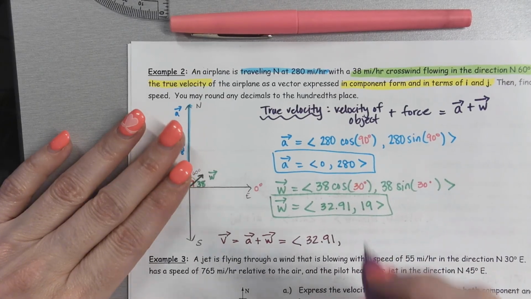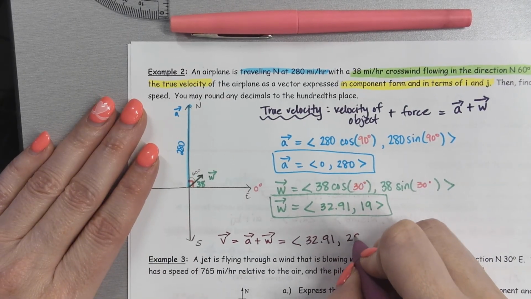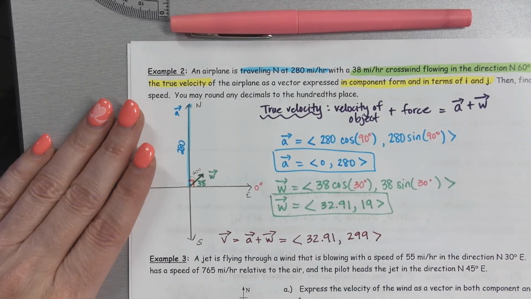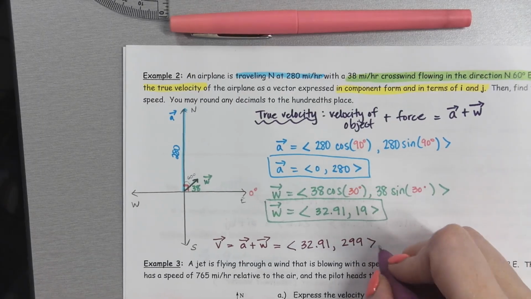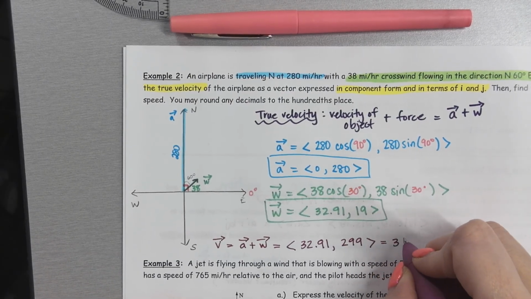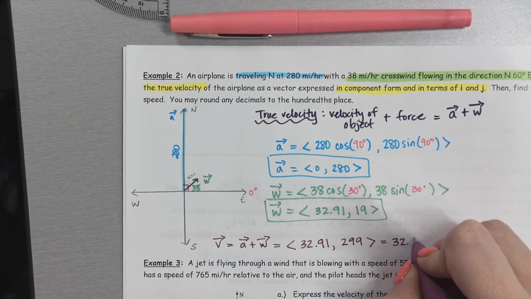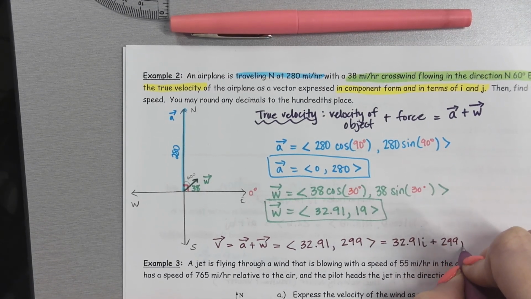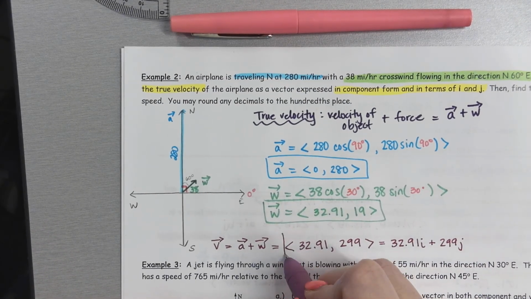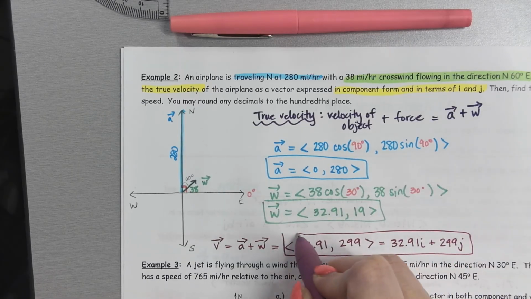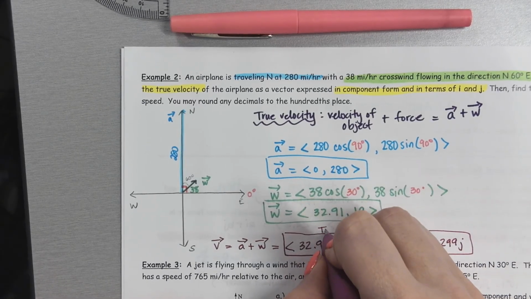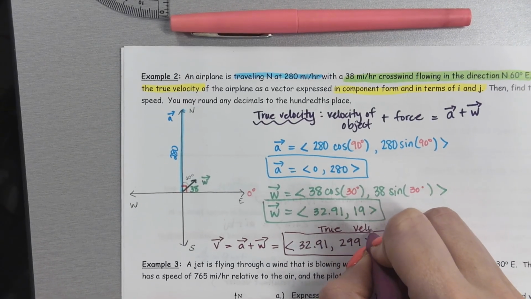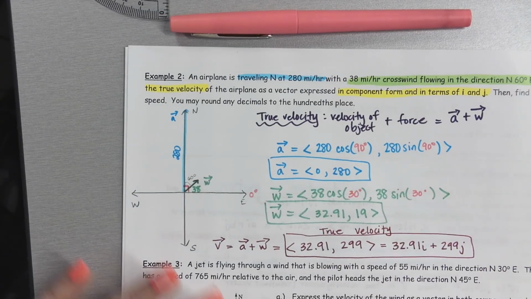And then when you add 280 and 19, you will get 299. And then it also said to write it in terms of I and J, so we're just going to do that as well. Okay, so this is the true velocity.